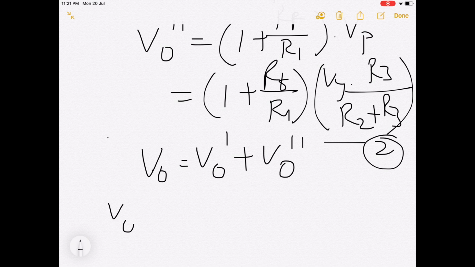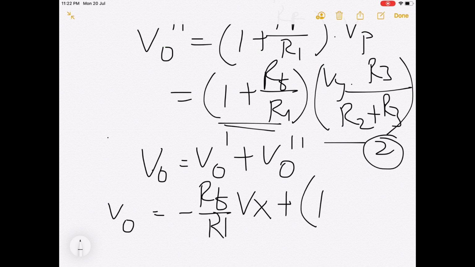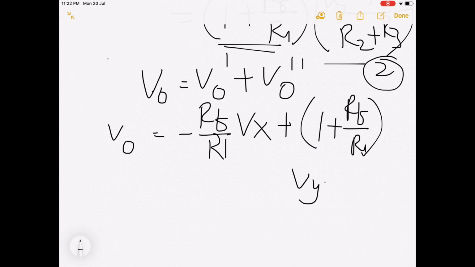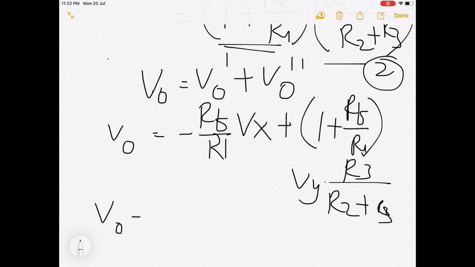What is your VO dash? Minus RF by R1 into Vx, plus VO double dash, which is 1 plus RF by R1 into Vy into R3 upon R2 plus R3. Now solve this equation and you will get VO. But before solving, you have to consider some conditions so that your calculation will be easy. What condition?